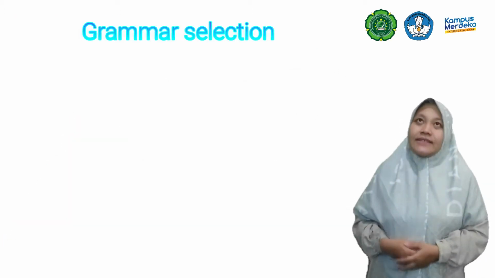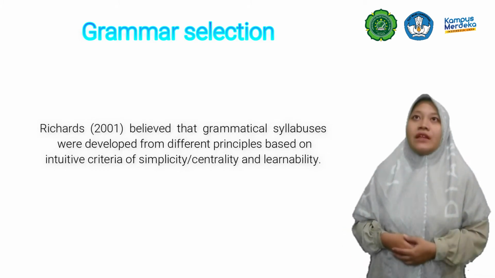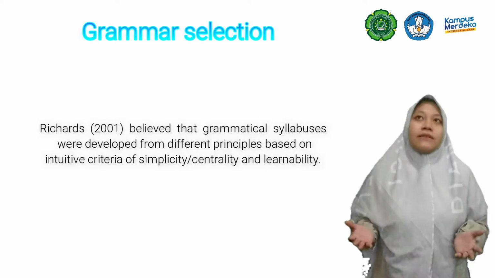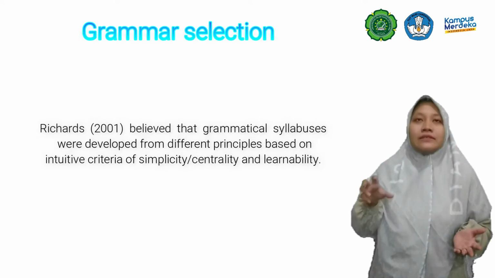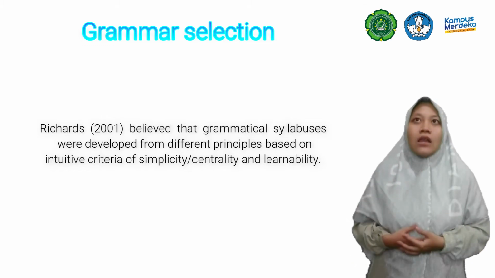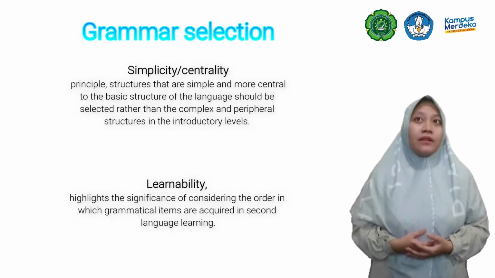Next selection is grammar selection. Richards believed that grammatical syllabi were developed from different principles based on intuitive criteria of simplicity or centrality and learnability. So what is the simplicity principle?